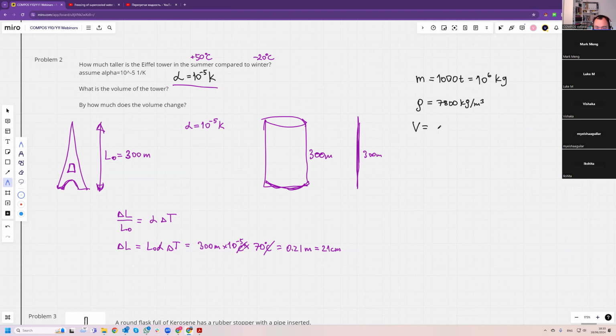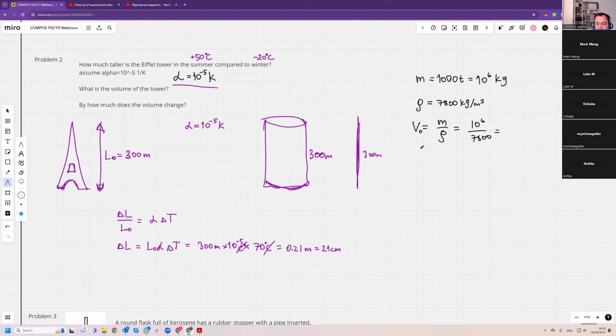The volume of the metal used is mass divided by density. So that's 10 to the power 6 divided by 7,800.